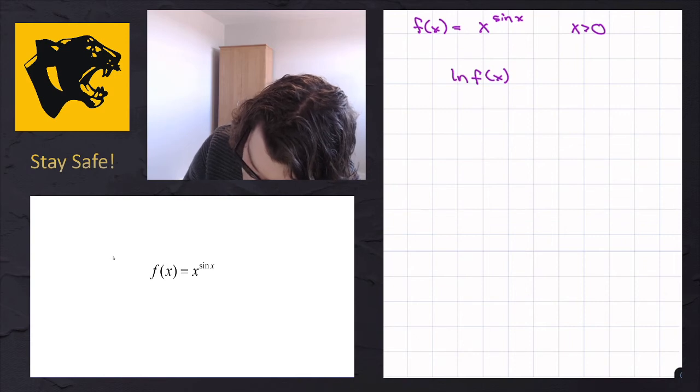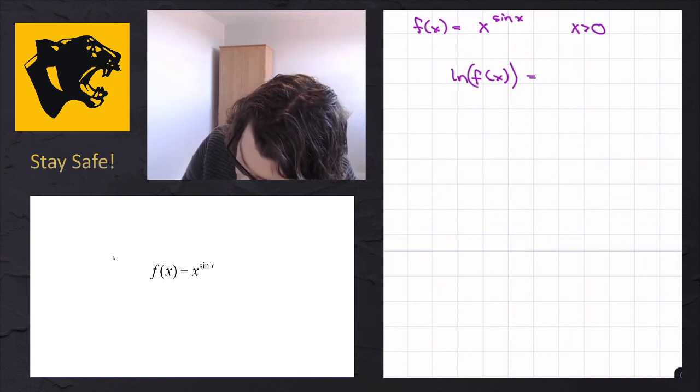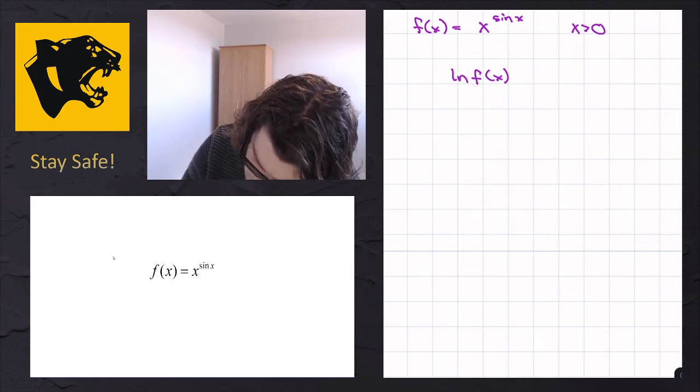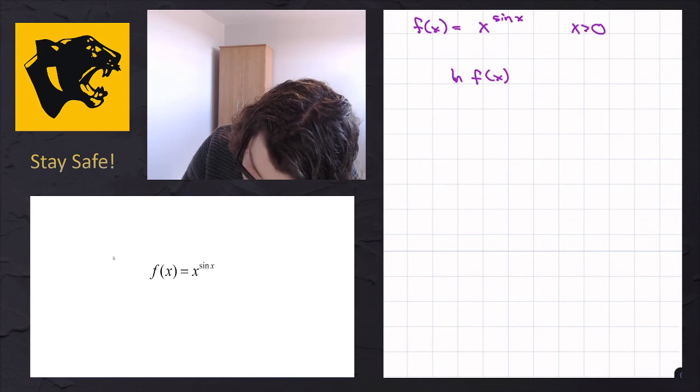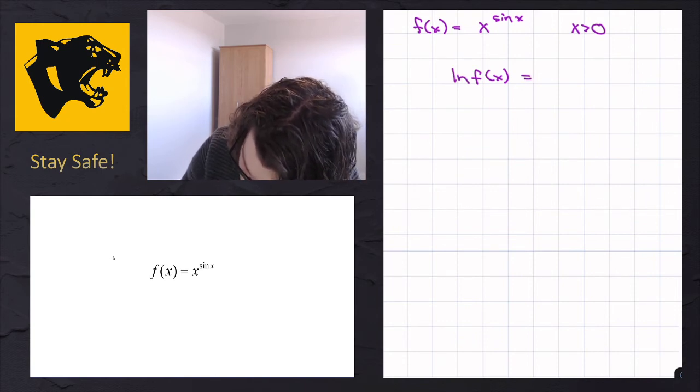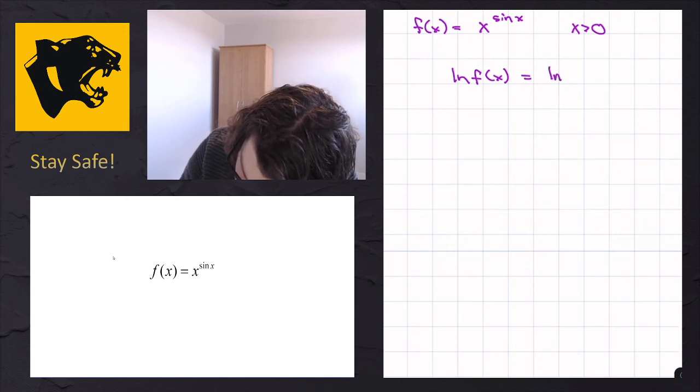If I take the ln of it, it's going to be equal to, I should be careful actually, because my function could end up giving us, no, it's positive. No, I'm wrong. So it's going to be fine. I was second guessing myself there for a moment. I can write without absolute values on that side too. And so I'm going to have the natural logarithm of x to the sine x.